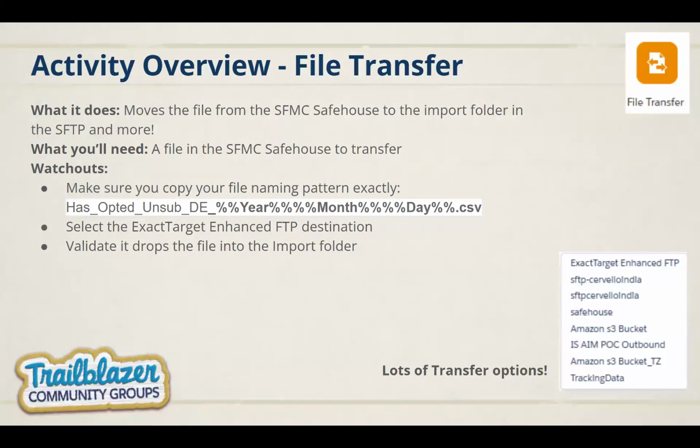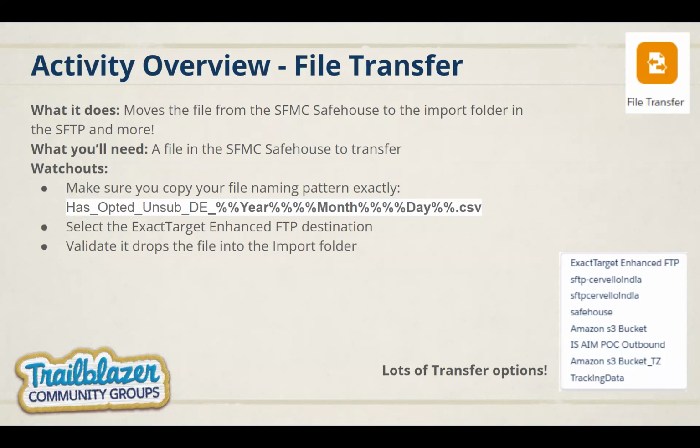The key part is the file transfer. This takes the file that the extract dropped into a Salesforce Marketing Cloud Safe House and drops it into your import folder in your SFTP. That's very cool, because you can actually see this happen when you're testing your automation.